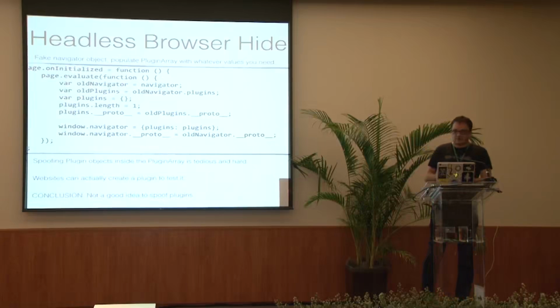Are we doomed? Well, not really. There's a nice trick. If we create another navigator object in JavaScript and populate it using the prototype chain, because the plugin array is actually a pretty complex structure.